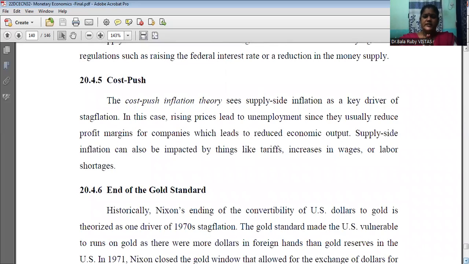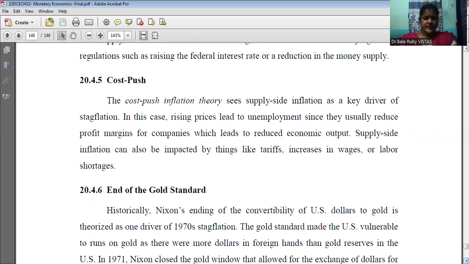In this case, rising prices lead to unemployment since they usually reduce profit margins for companies, which leads to reduced economic output. So supply side inflation can also be impacted by things like tariff increases, wages or labor shortages.